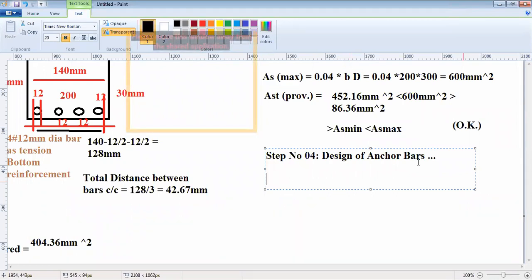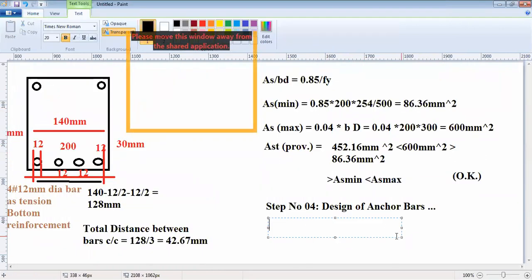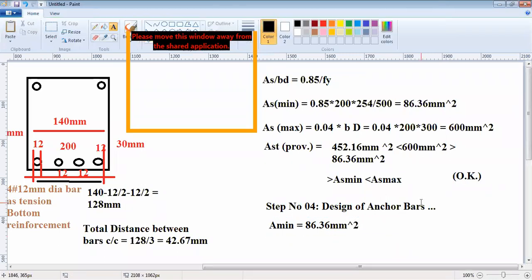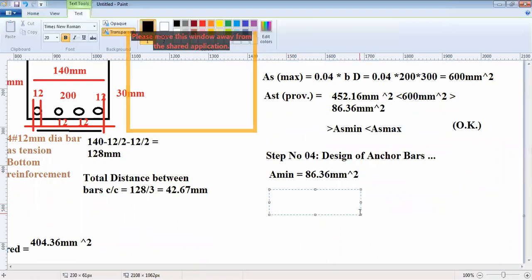Now what is the minimum requirement जो हमने अभी किया? That is 86.36. A minimum is 86.36 mm square. Now if I provide 10 mm bar, you cannot provide less than 10 mm bar even as an anchor bar. So we'll provide a 10 mm bar.